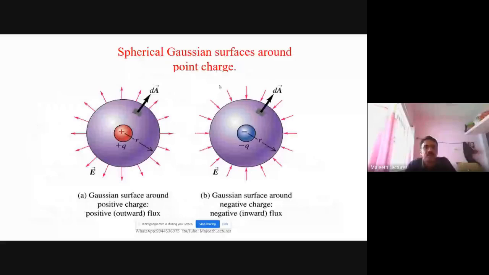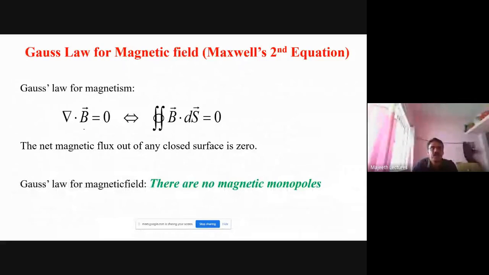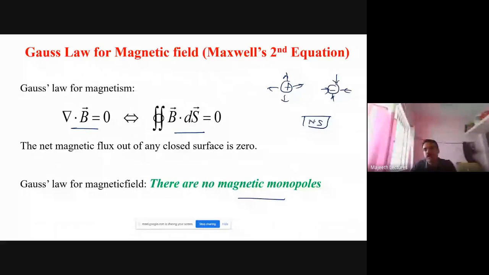Next, Gauss law for magnetic field we have studied already, right? Magnetic field will not diverge. That's what B dot dS equal to 0 says. There is no magnetic monopole, right? In electric field we have plus separately, minus separately. But in magnetic field, if you take this magnet and split it, again it will split like this, N S, N S. There won't be a lone N, there won't be a lone S. That's what it means: there is no magnetic monopole.